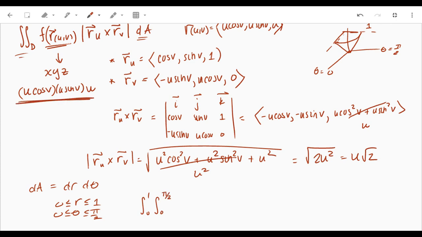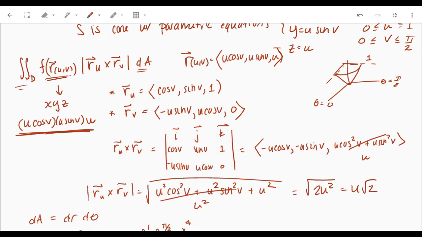Our function here, we've got u cubed cosine v sine v, and then the magnitude of our cross product, so we have a u and a square root of 2. I'm going to put the square root of 2 out front, and change this to u to the 4th.